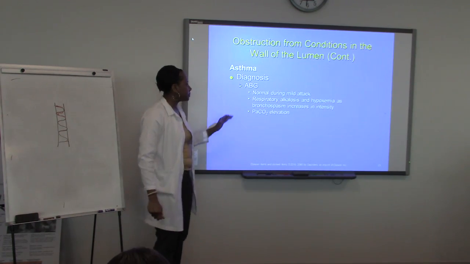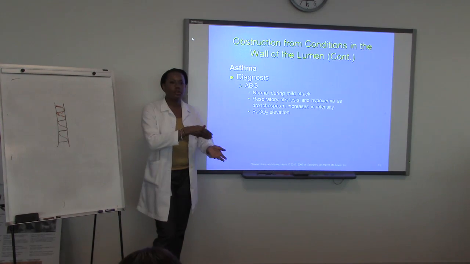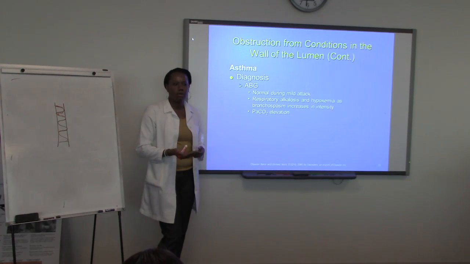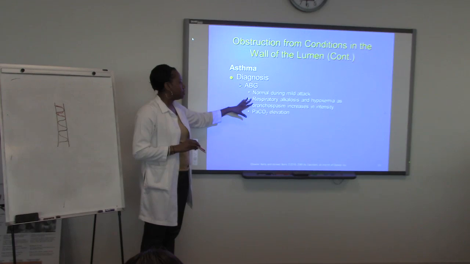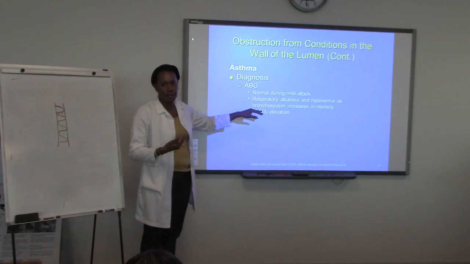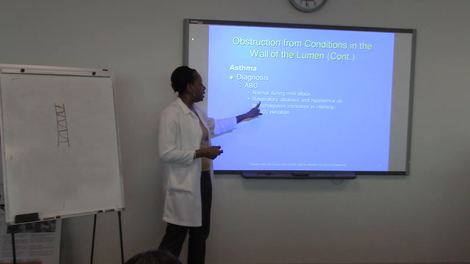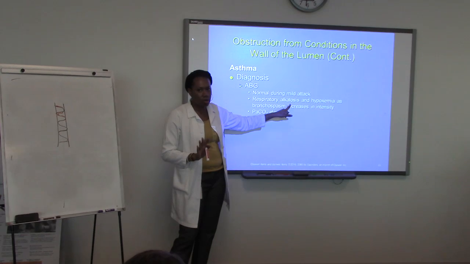Now, when we have a person with asthma and they have their arterial blood gas assessment done, they say during a normal or mild attack, they will show some changes in the ABG. Let me make a correction here, because this should be respiratory acidosis, not alkalosis.